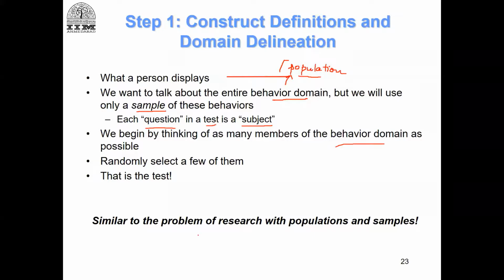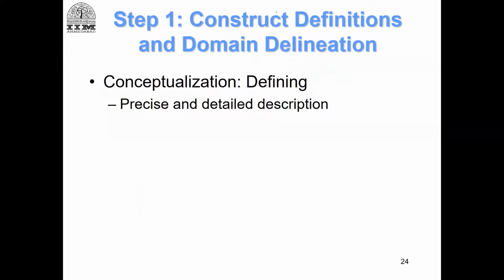I just wanted to give you this analogy that you define the population and then pick certain items. Now, how do you first identify what is the population? And that is where the definition becomes important. That is where defining becomes very, very important.